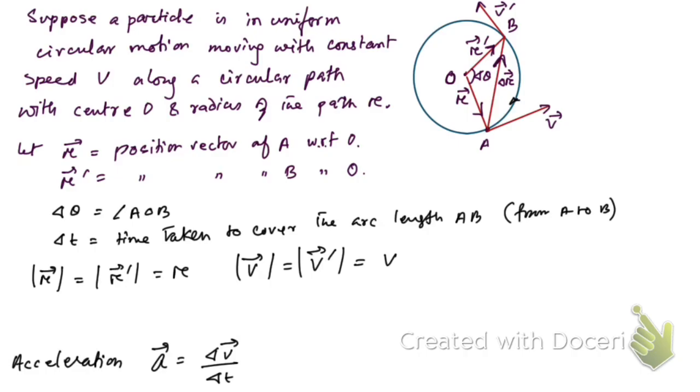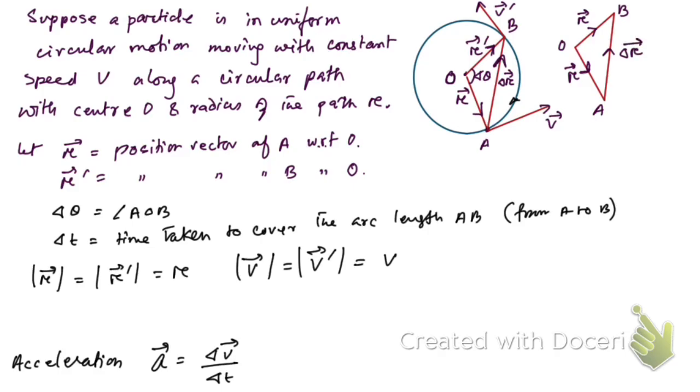So here you see, let me draw two more triangles here. First one is AOB, this triangle. Here you see OAB, here this is r vector and this is r dash vector, and you see this is del r vector, right?